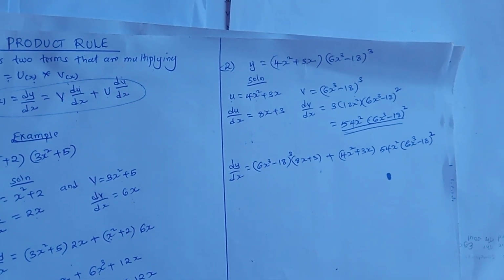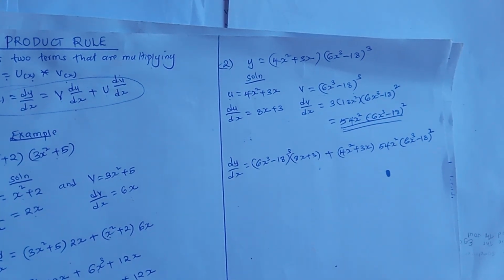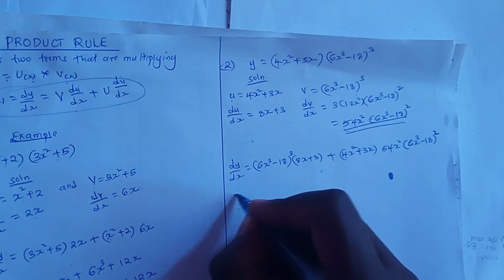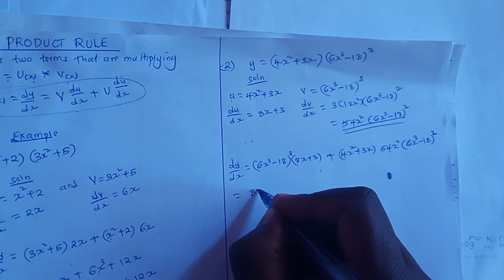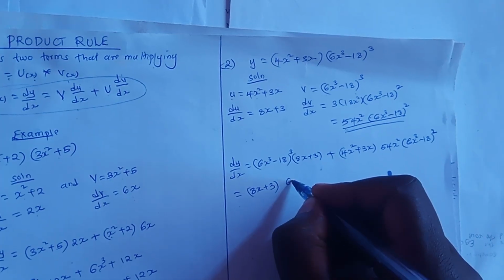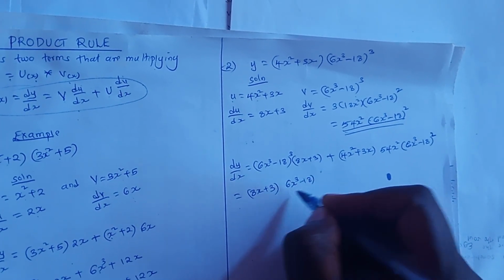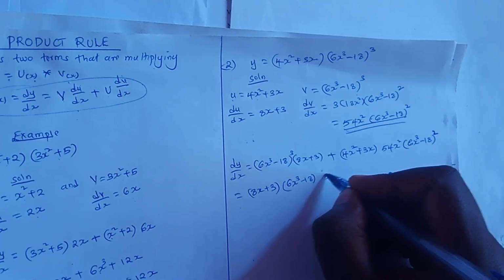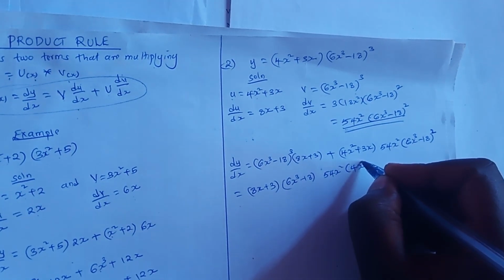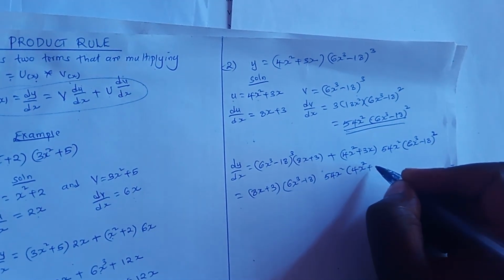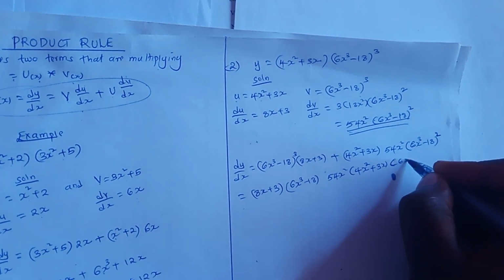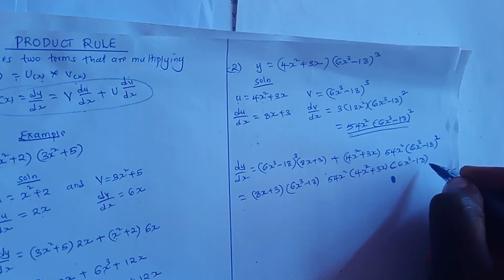Now, if I expand this, it will be 8x plus 3, then 6x cubic minus 18, then 54x squared in bracket 4x, I'm factoring out the common factor, plus 3x, then in bracket 6x cubic minus 18.